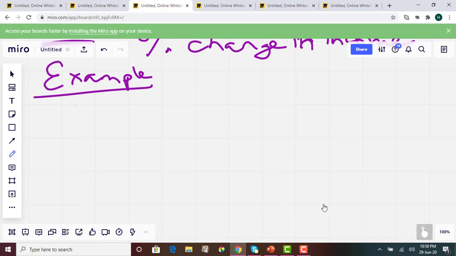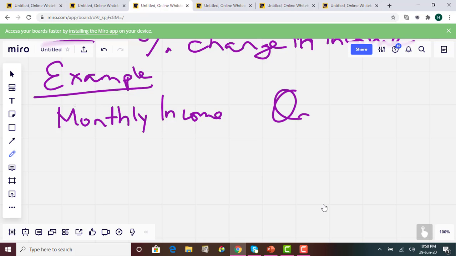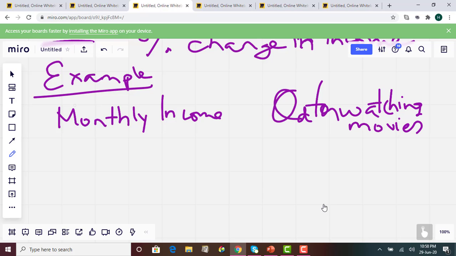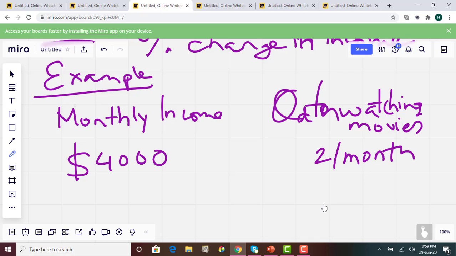Okay, so let's say your monthly income is given and the quantity demanded for watching movies is given. Okay, so if your monthly income is $4,000, then you're going to watch 2 movies per month.